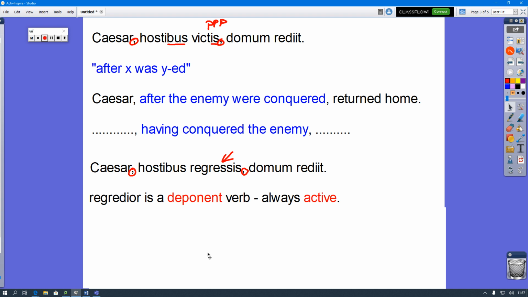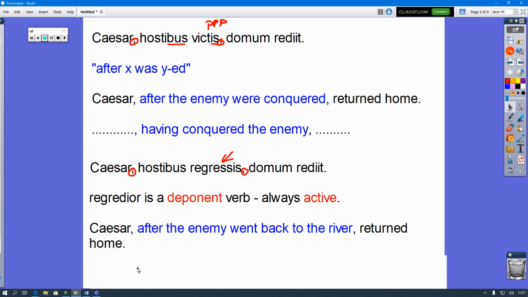So in this case, I'm not going to translate it "after X was Y'd." I'm going to translate it "after X Y'd." So my sentence here: Caesar, after the enemy went back, returned home. Because it's a deponent verb, I translate it actively.